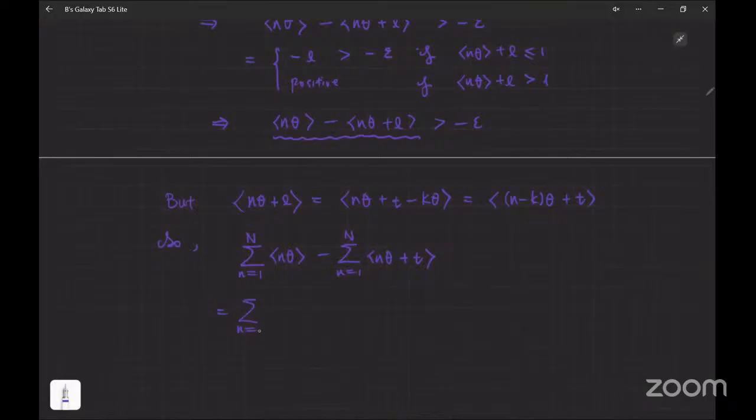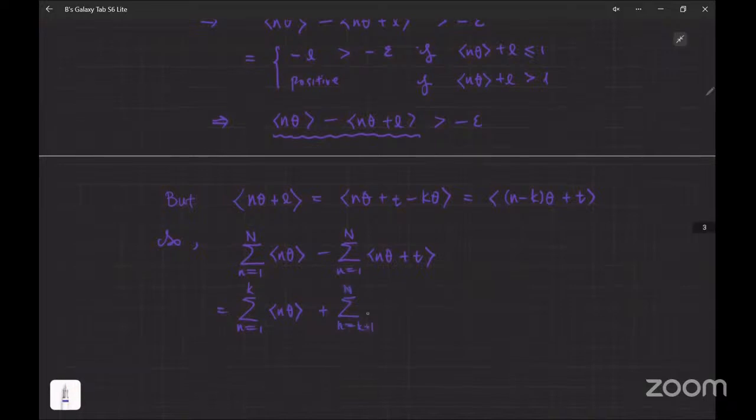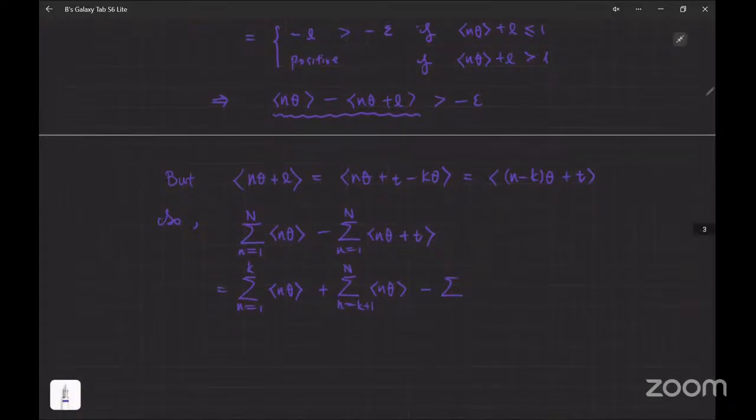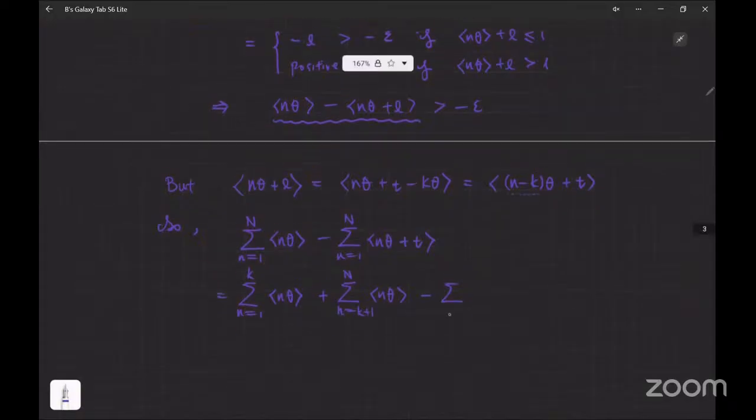Again, this is the sum from 1 to k, specified by the epsilon, of n theta, plus the summation from k plus 1 to big N of n theta, minus, and now we change some index here. I want to change the same index as n minus k here, so here I'm going to add k to this.